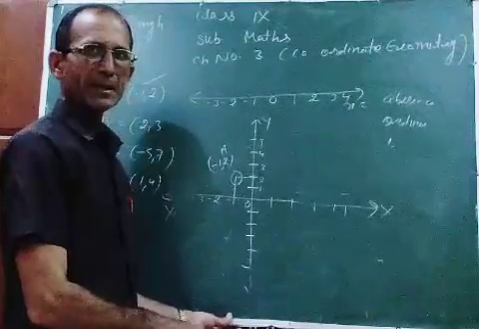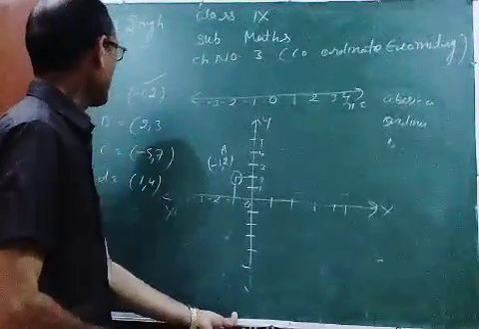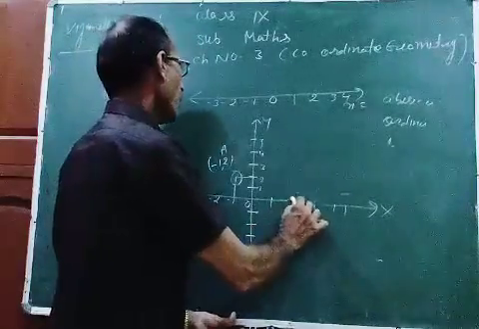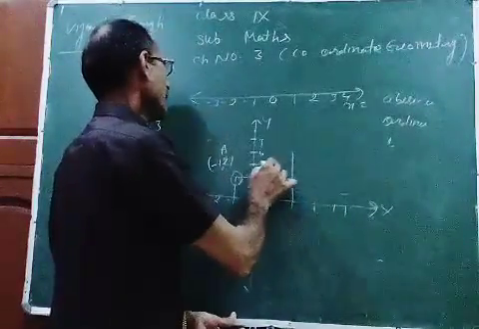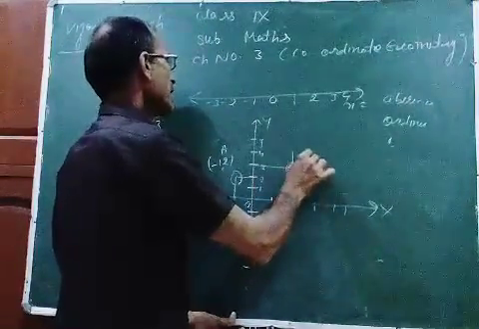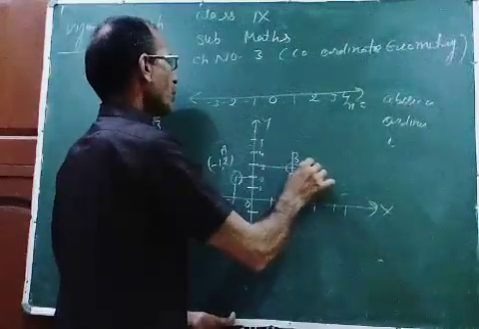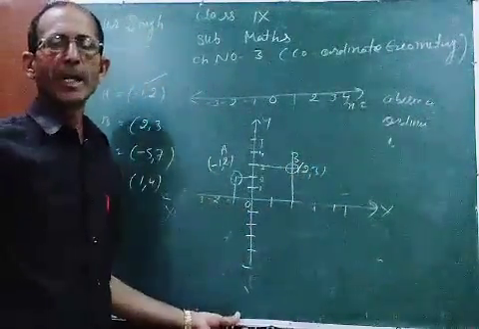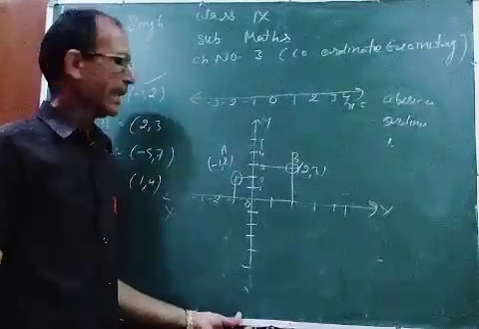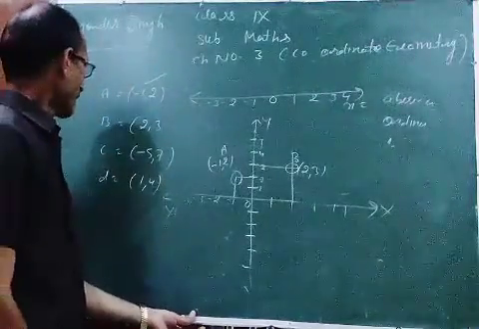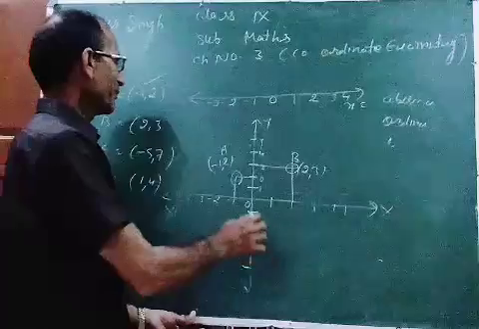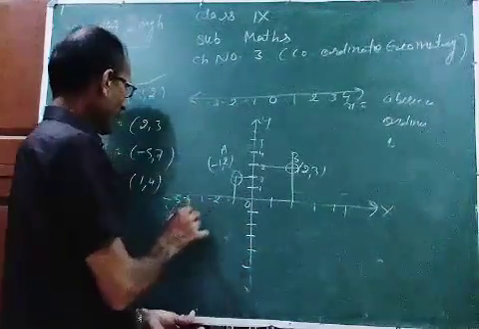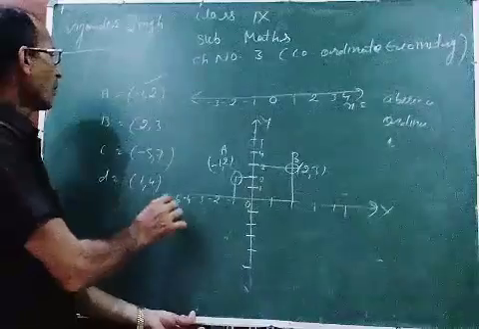Have you understood? Now second, B: the value of x is 2, the value of y is 1, 2, 3. So this is B, (2, 3). Have you understood? Next is C (-5, 7). So this is -5, and 7 positive.